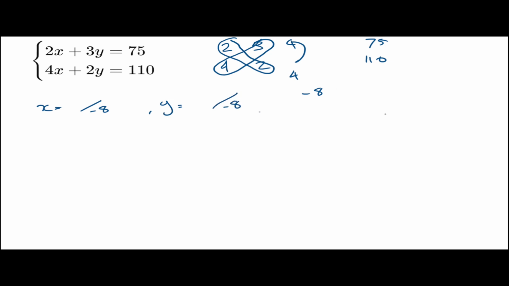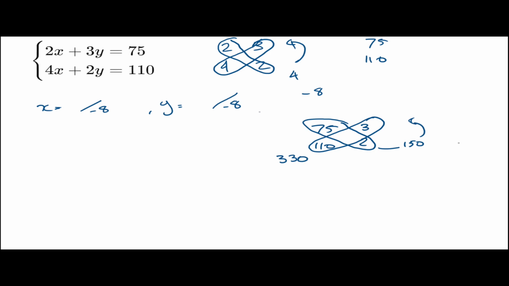So now I want to solve for x, so I'm going to sort of cut and paste over the x column there, and it's going to be 75 over 110, 3 and 2, same thing. 75 times 2 is 150 minus 3 times 110 is 330.